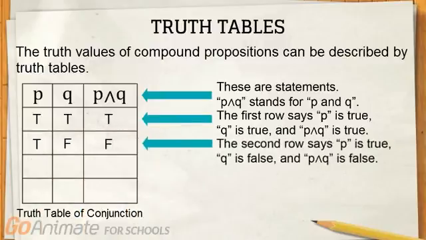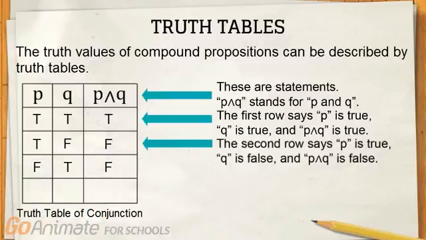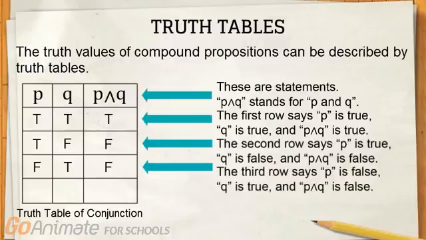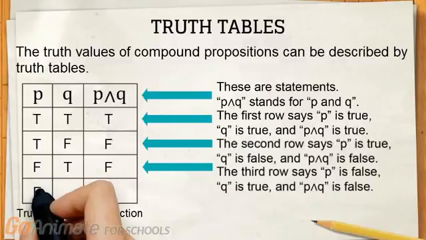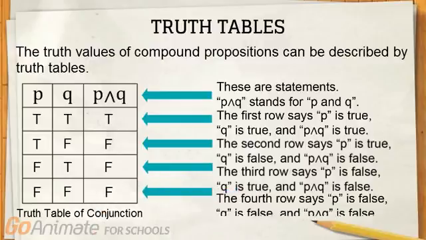The second row says P is true, Q is false, and P and Q is false. The third row says P is false, Q is true, and P and Q is false. The fourth row says P is false, Q is false, and P and Q is false.